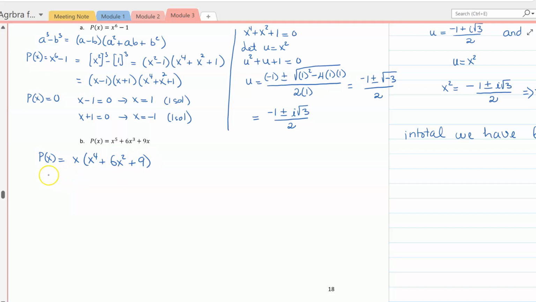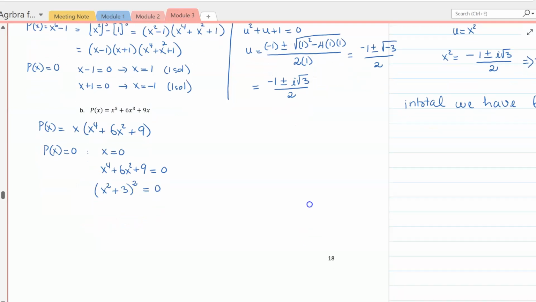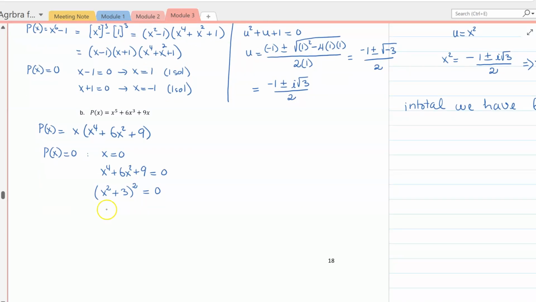Okay. So p of x equals 0. This means x equals 0, or x to the 4 plus 6x squared plus 9 equals 0. This is a perfect square, so this is x squared plus 3, squared, equal to 0.